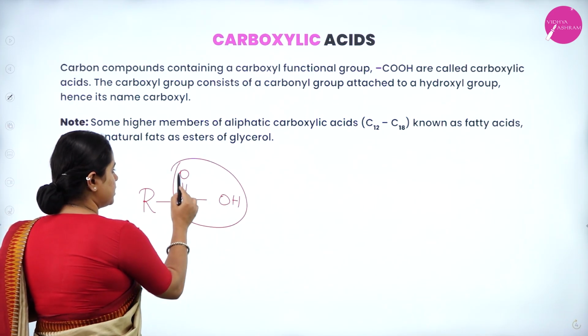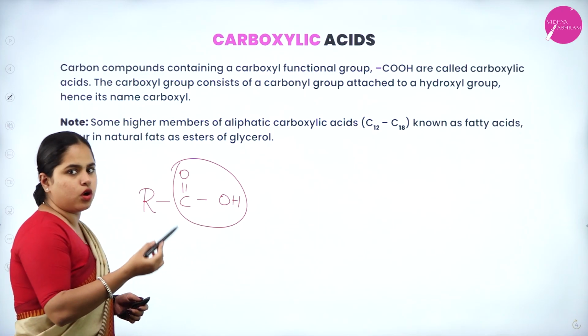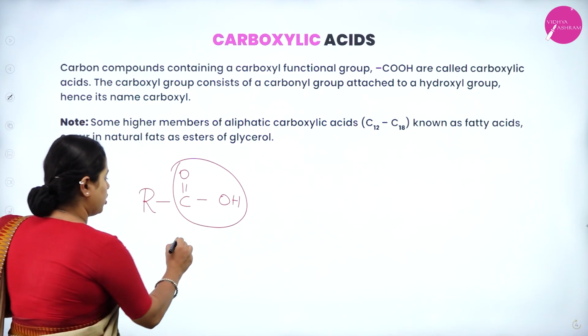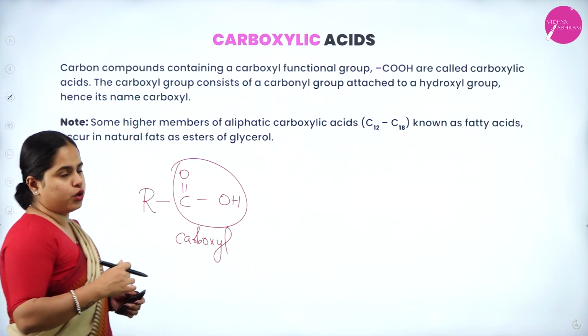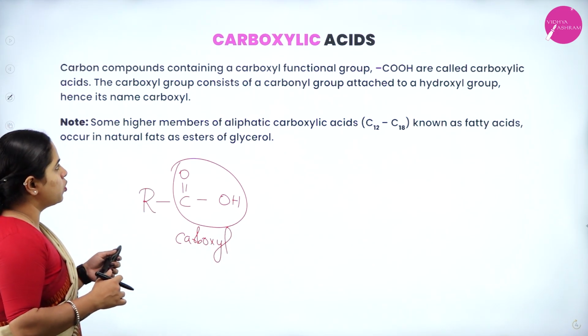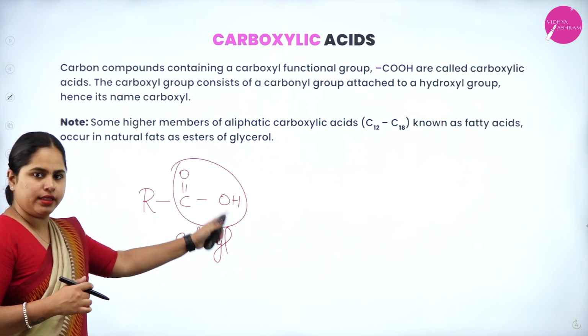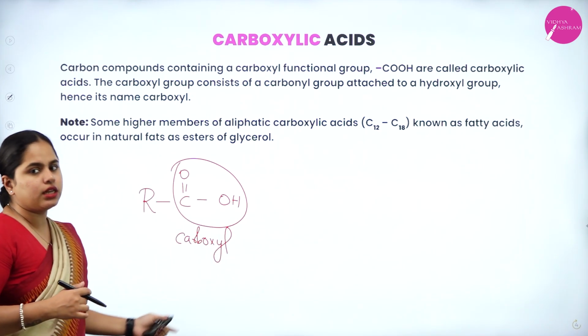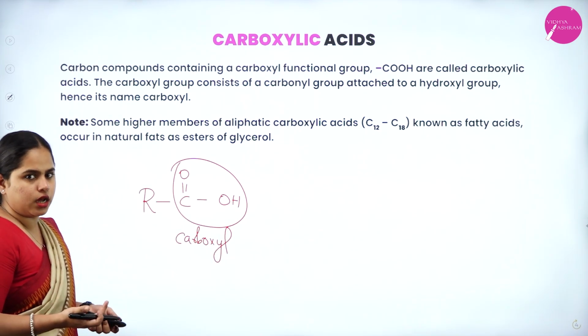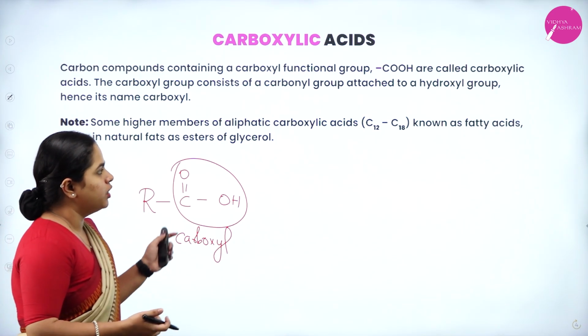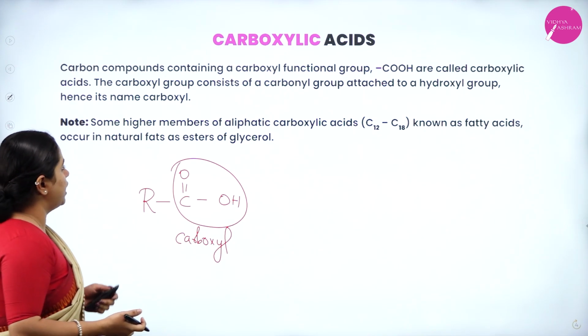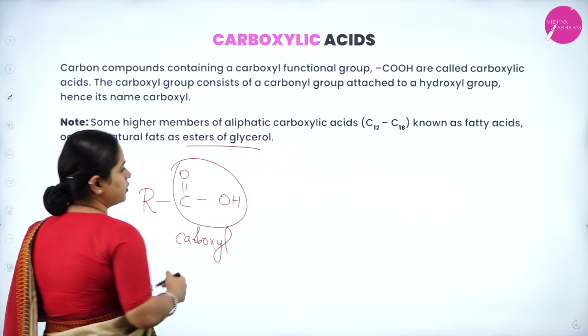This much, the carbonyl group with the hydroxyl group, is called the carboxyl group. So compounds containing the carboxyl group are called carboxylic acids. Some higher members of aliphatic carboxylic acids, known as fatty acids, occur in natural fats as esters of glycerol.